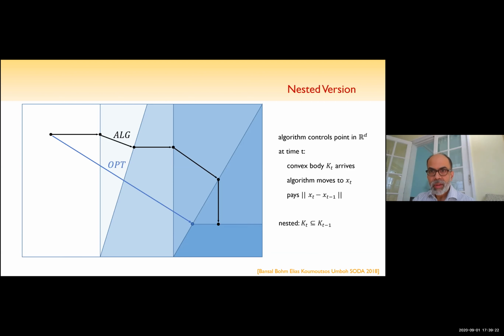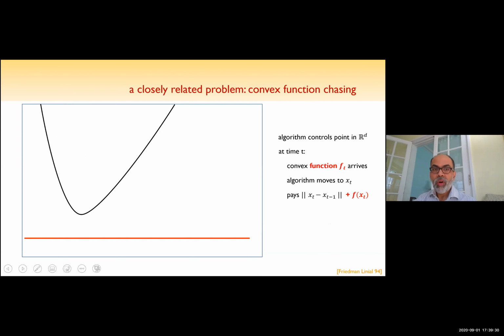Okay. Given this, let me mention one problem, which is a slight generalization of this. It's called convex function chasing. What's the difference? At each point in time, a convex function arrives.